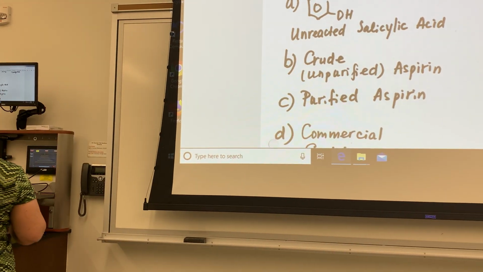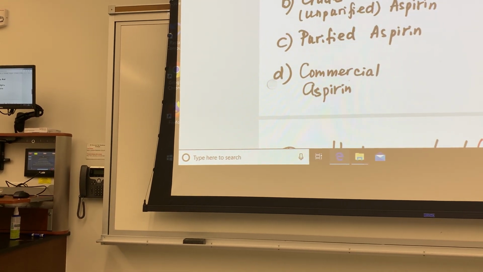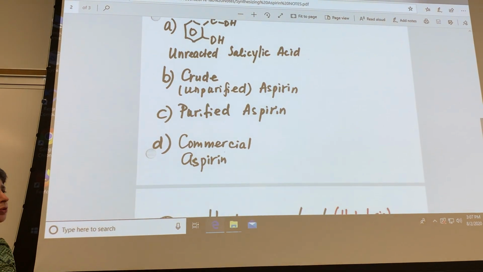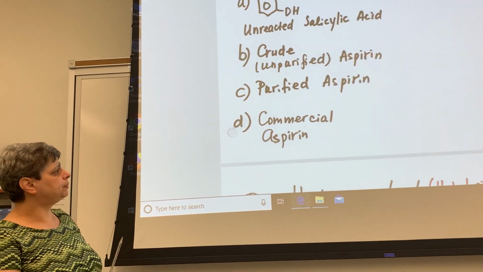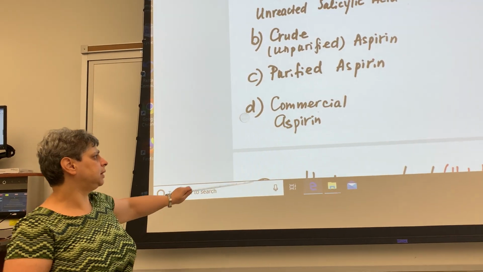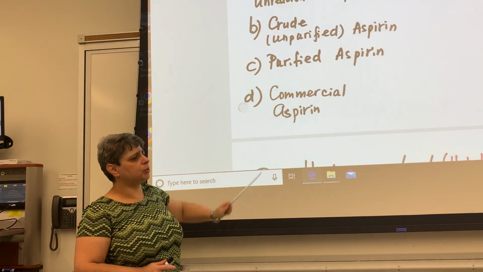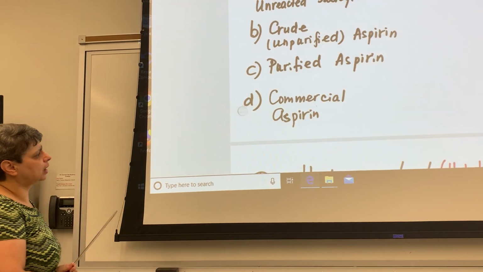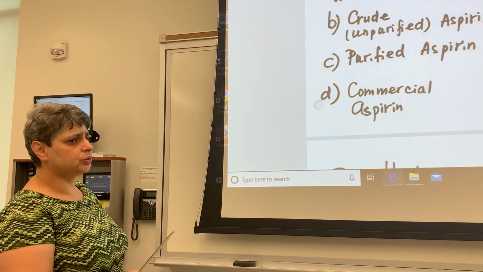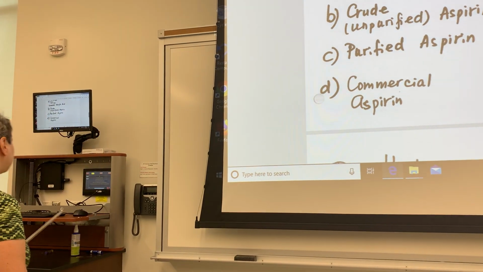And then finally, what you will see in the lab is we have some commercial aspirin tablets which we grind and place in a hood for you. It's basically commercial aspirin ground up. So assuming commercial aspirin is completely pure, you can again make your own conclusion as to whether commercial aspirin should turn purple in the presence of FeCl3.